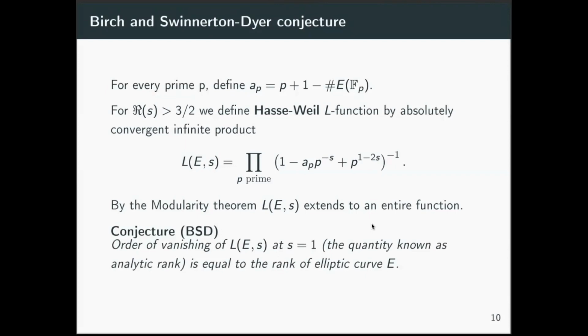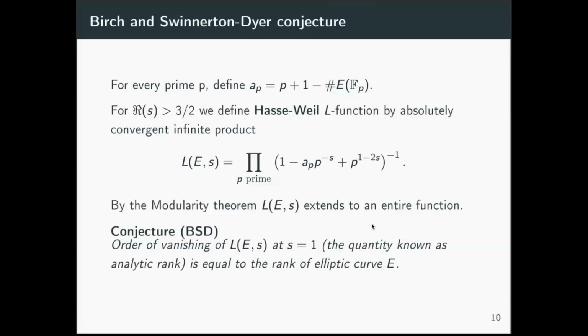This statement is kind of a miracle if you see it for the first time, because if you look at the way this function is defined, you're just using this a_p, so you're just using the information about the solutions mod p of the elliptic curve, and somehow by computing this function, you're able to see the order of vanishing at s equal to 1, this global quantity, the rank of the elliptic curve.